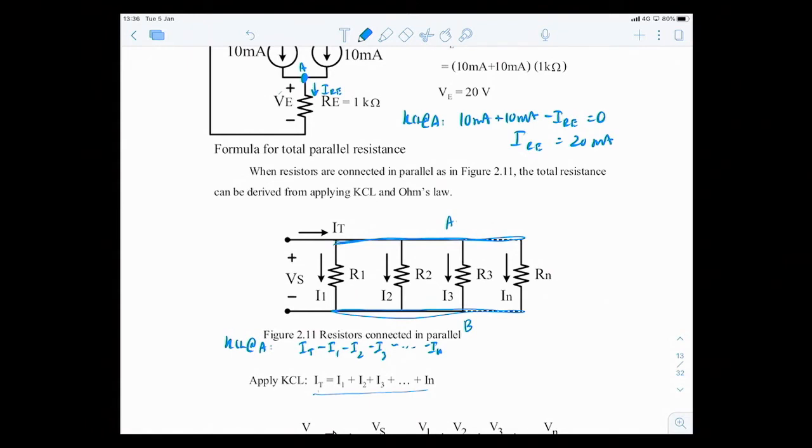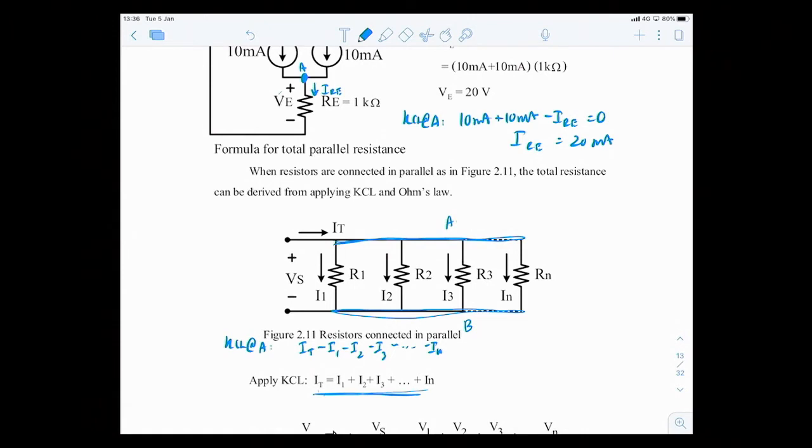Now, we want to combine our resistors together when they're in parallel, and we want to combine all the R's together. But right now we have the current form, so you have to change it somehow to a formula that contains R, the resistor.